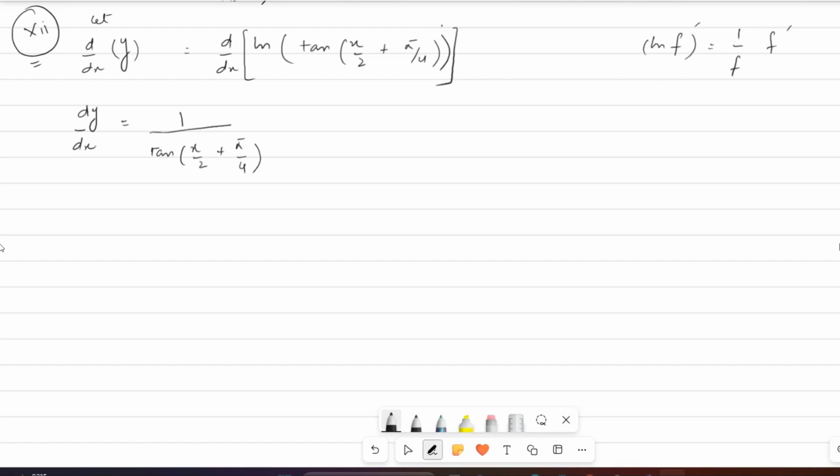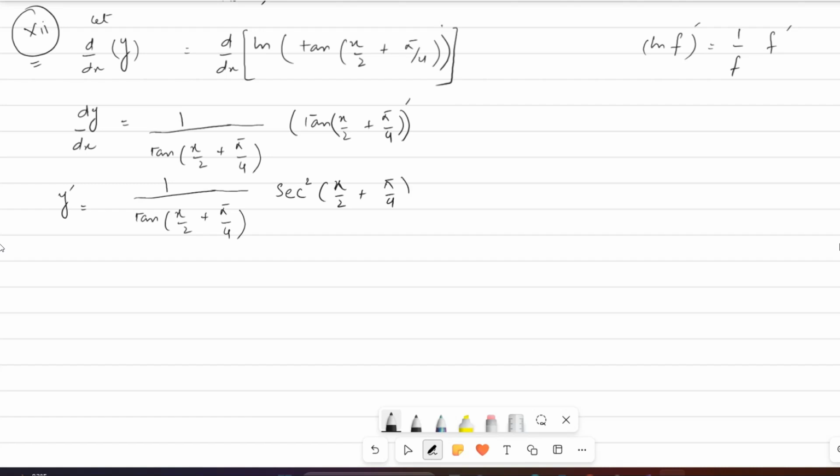Now the derivative of tangent is secant square x by 2 plus pi by 4, and again the derivative of x by 2 plus pi by 4.